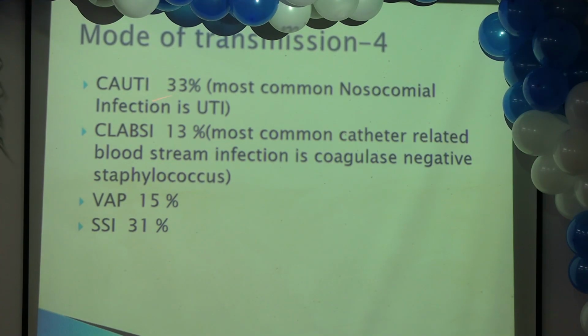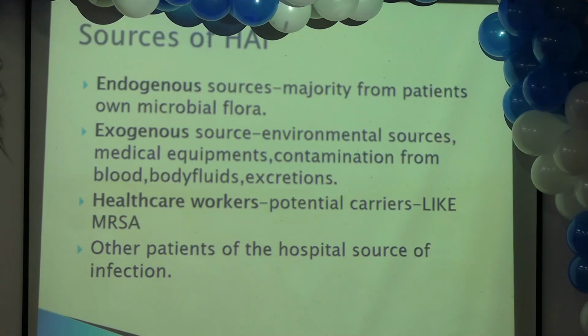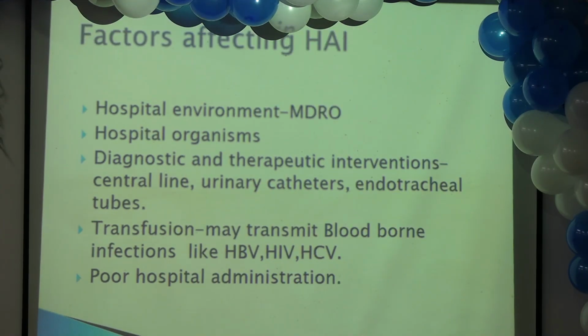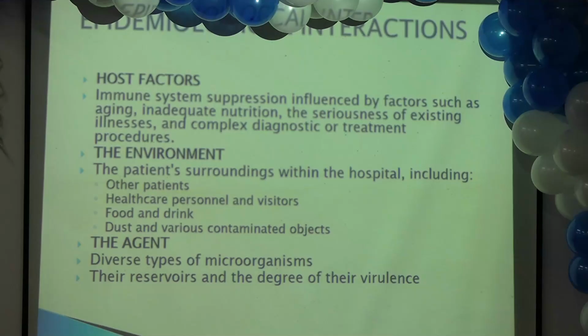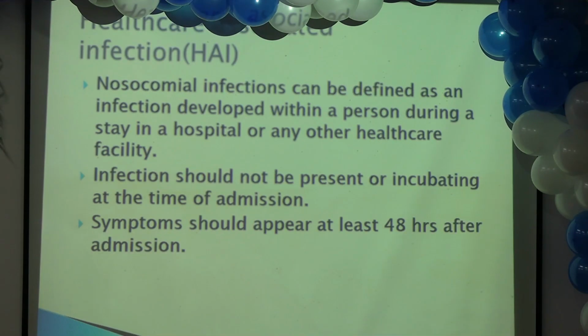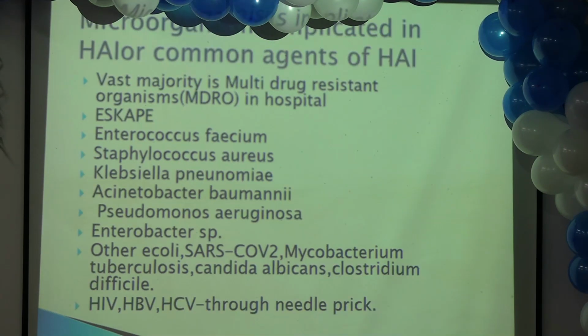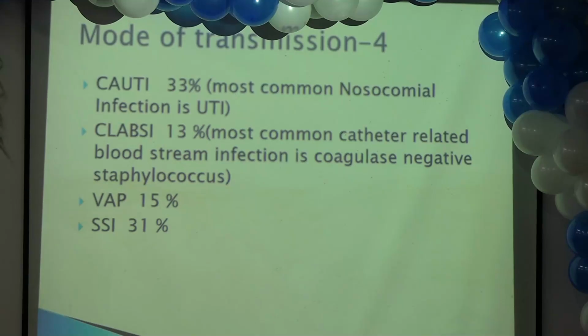Now mode of transmission. So we saw the organisms. What all did we see? We saw the organisms, the sources of HAI, then factors affecting HAI, then the agents, and then burden, and then we saw the definition. Till now we learned those, right? Okay. Now let us go to mode of transmission.